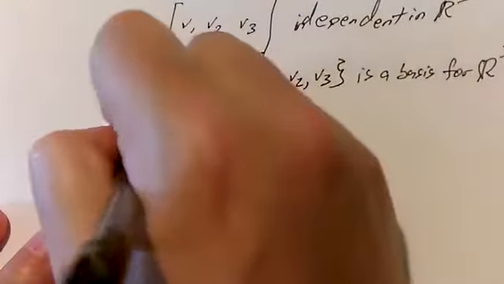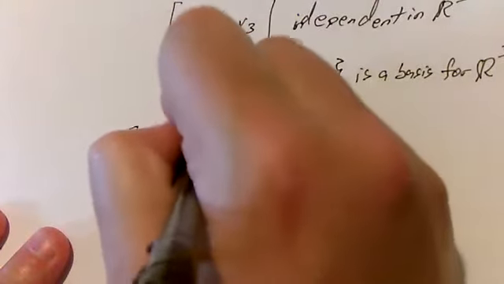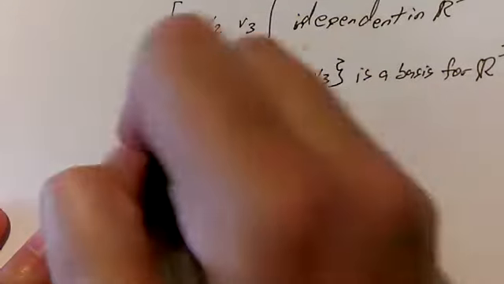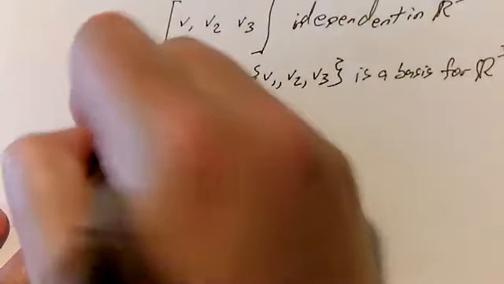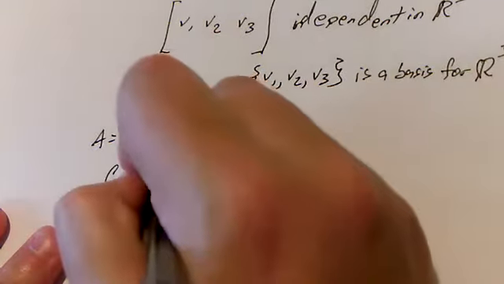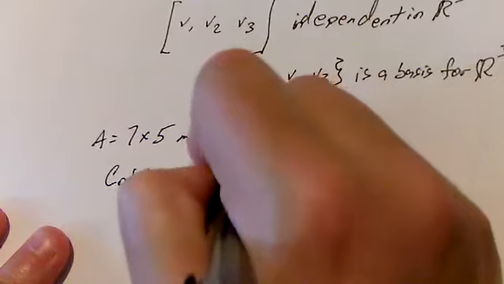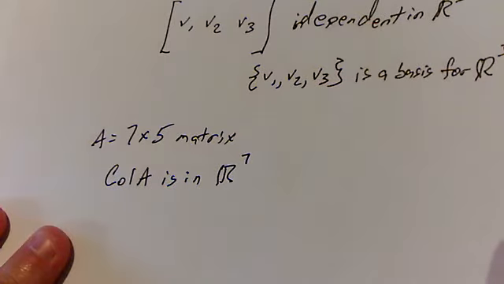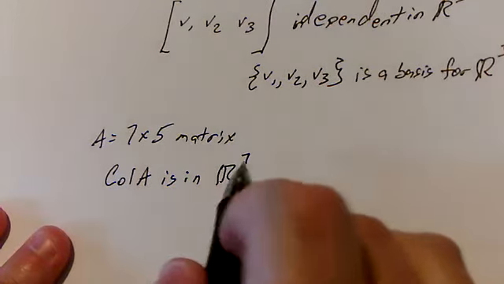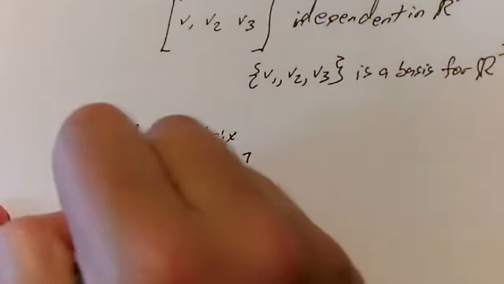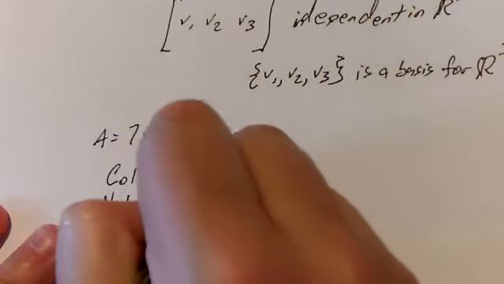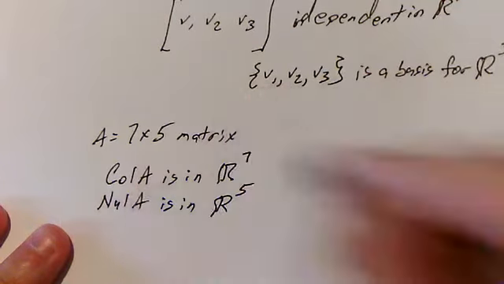Say I have a 7 by 5 matrix. So A is a 7 by 5 matrix. Column of A is in R7. It's not all of R7 because there's only 5 vectors to choose from. The null space is in R5.